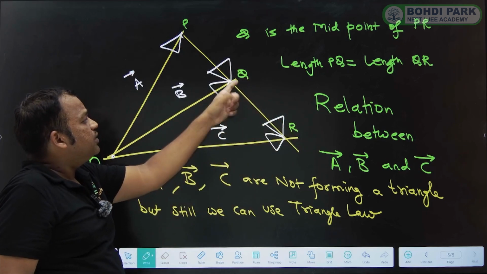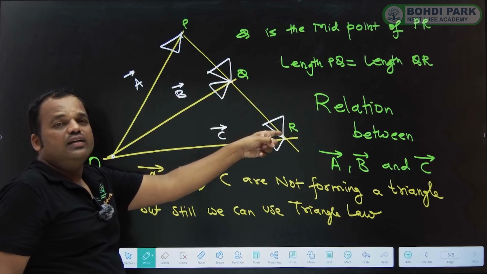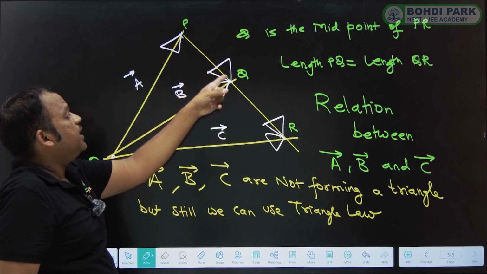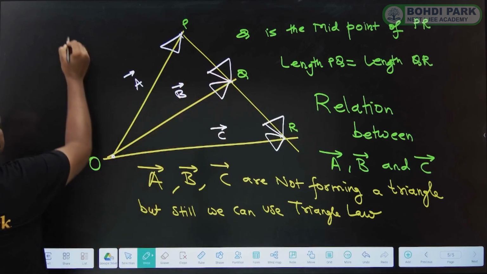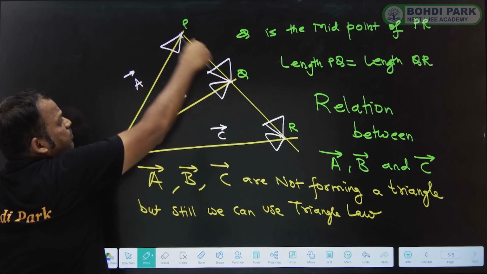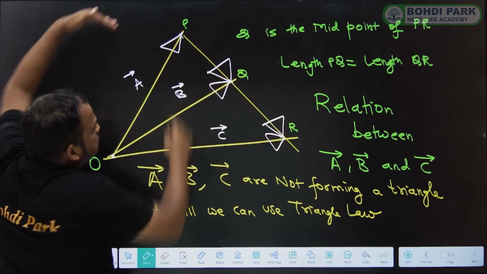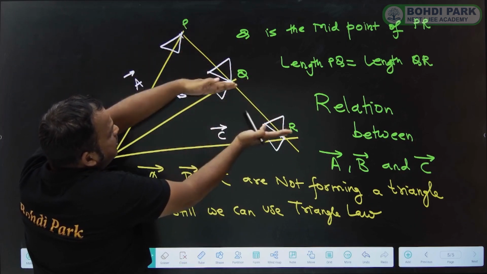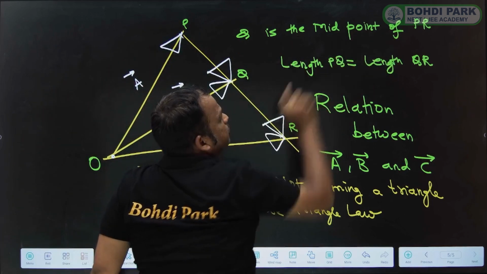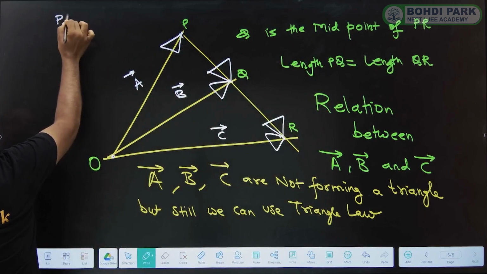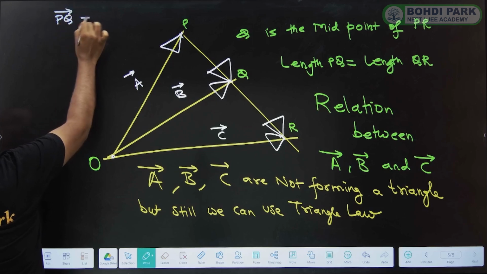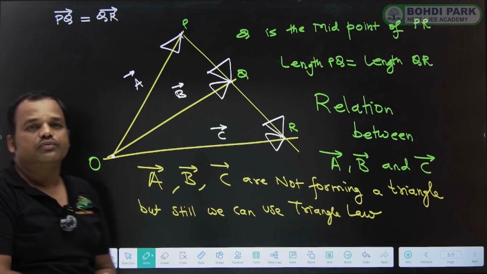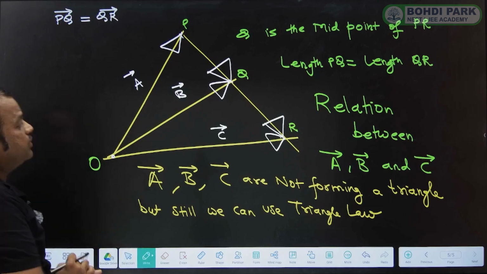The vector QR has its tail at Q and head at R, and for PQ the tail is at P and the head is at Q. Now you observe PQ and QR, they have the same direction, and they have the same magnitude because Q is the midpoint of PR. So PQ vector is equal to QR vector.